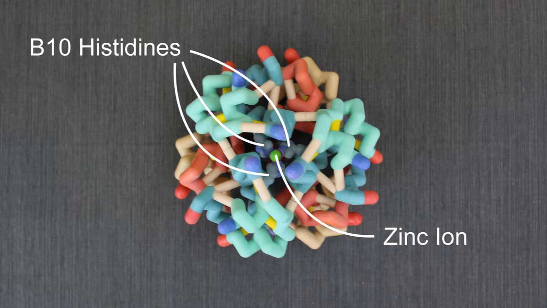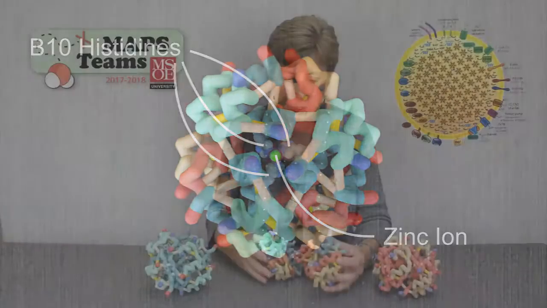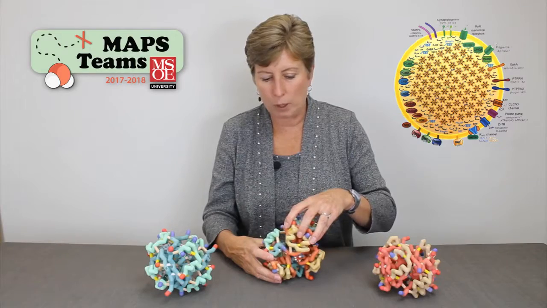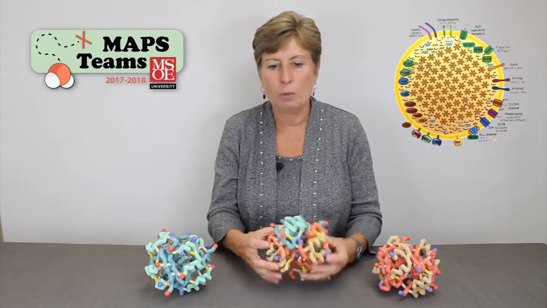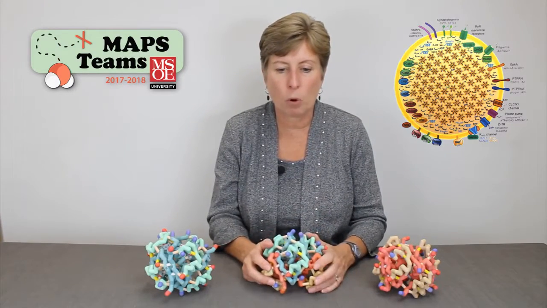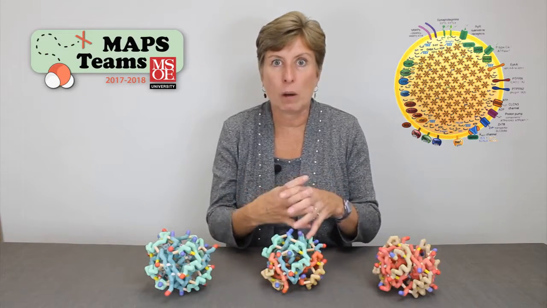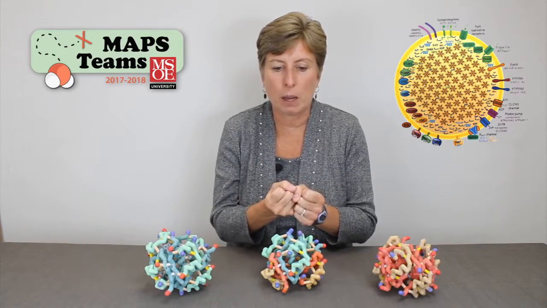You can see three of these histidines come together to bind each of the two zincs. That's what is required to form a hexamer. So hexamers form when there are high concentrations of insulin, low pH, and lots of zinc, so that they can bind around the zinc. That's what holds them together.